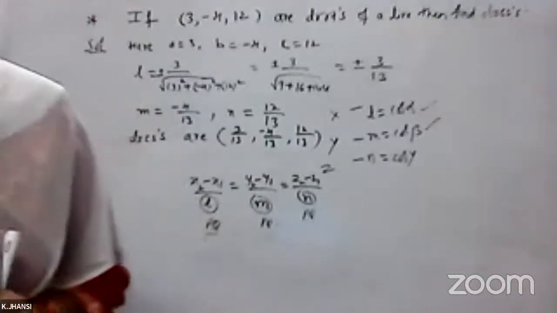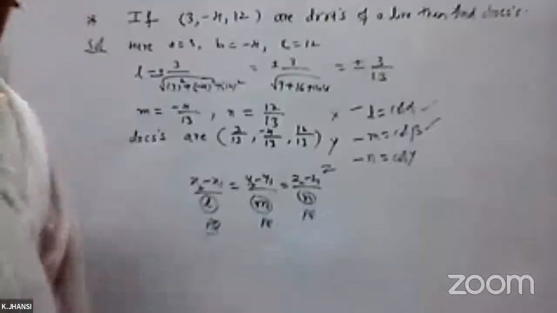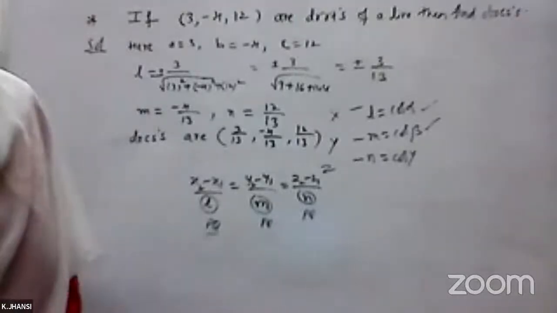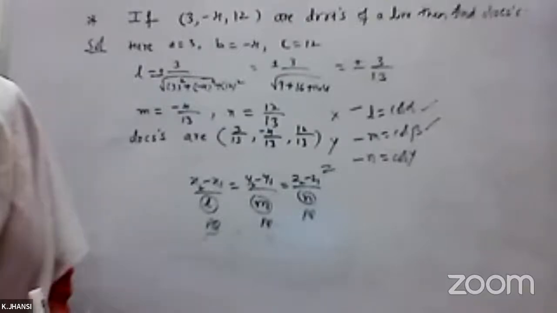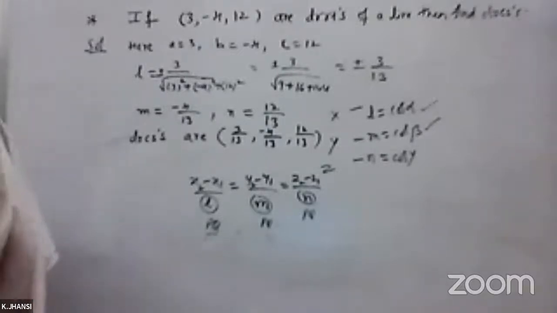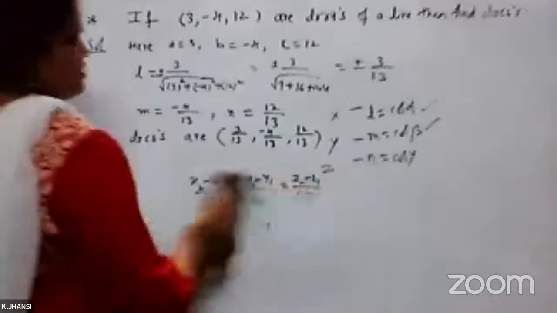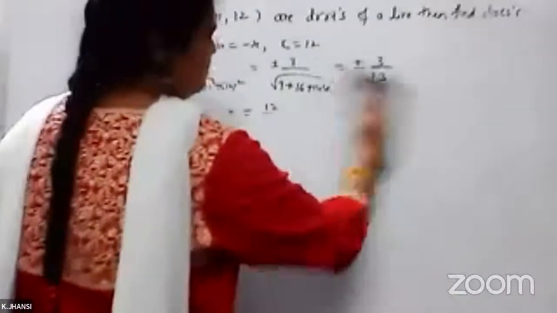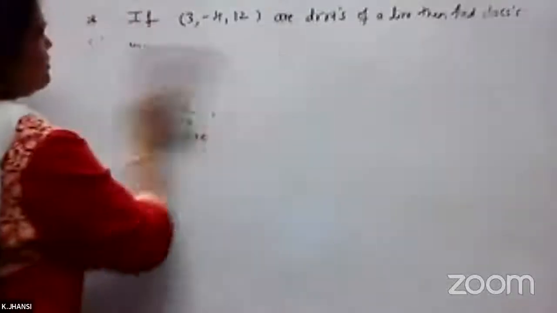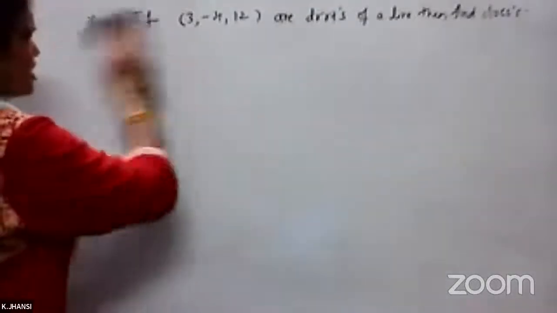Next we have the angle between the two lines. On page number 26, you will see the angle between two lines having direction cosines. One problem or formula you may get in the objective type, or a problem will also be asked.